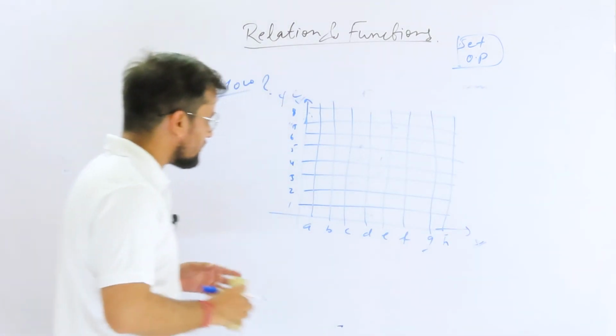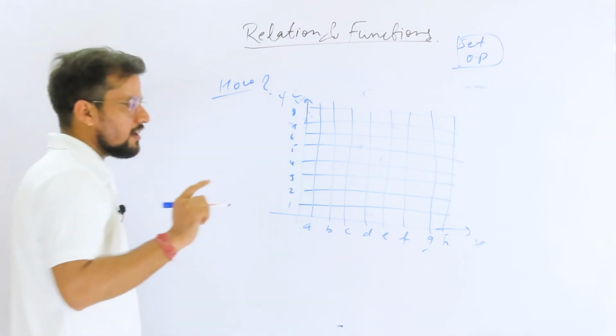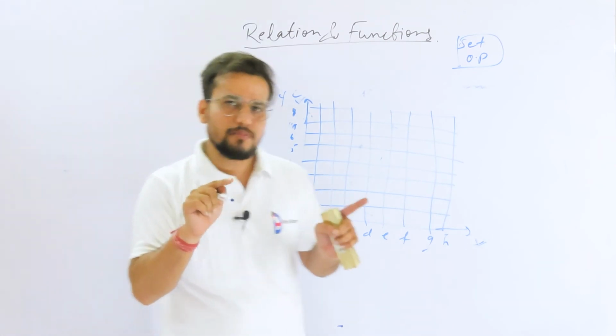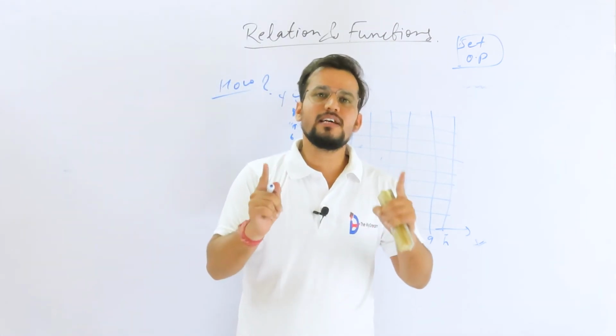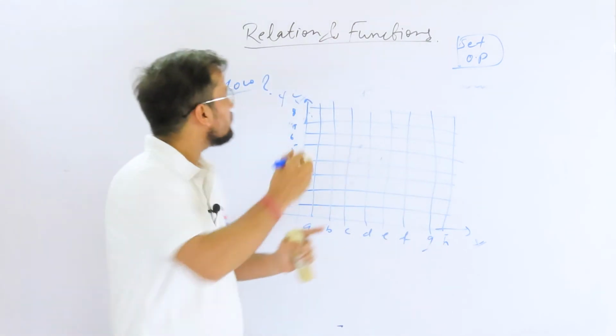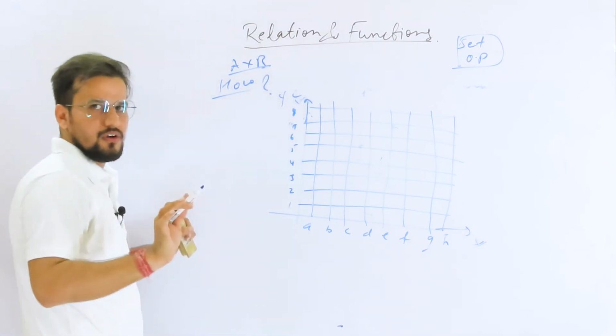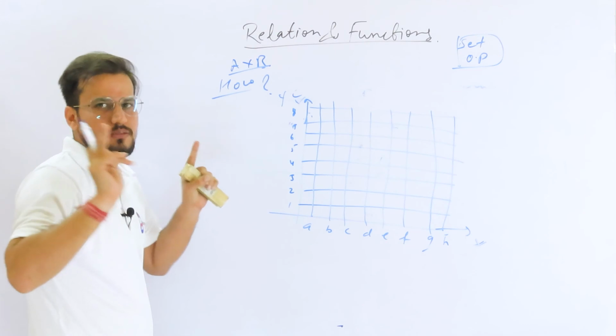Because you will see it in a very clear sense. Suppose I come back to the Cartesian product first. What is the Cartesian product? It is a set. It is a set of ordered pairs. Mostly you have used A cross B, two sets. It can be three sets also, but here we will discuss two sets.